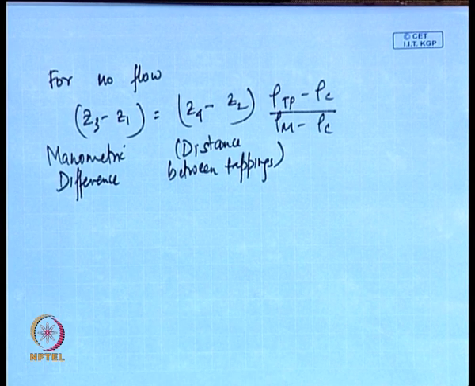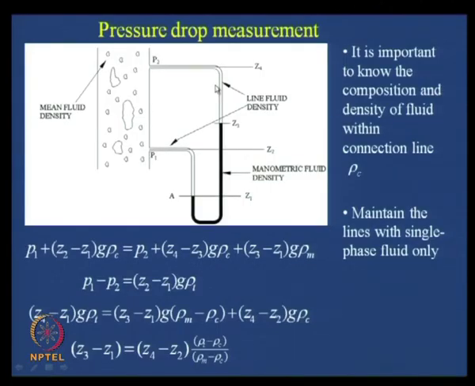If you observe the slide, when there is no flow, the manometric difference depends upon the distance between the tappings, and upon the difference in density between the fluid flowing here and the fluid filling up the lines, divided by the density of the manometric fluid minus the line fluid.